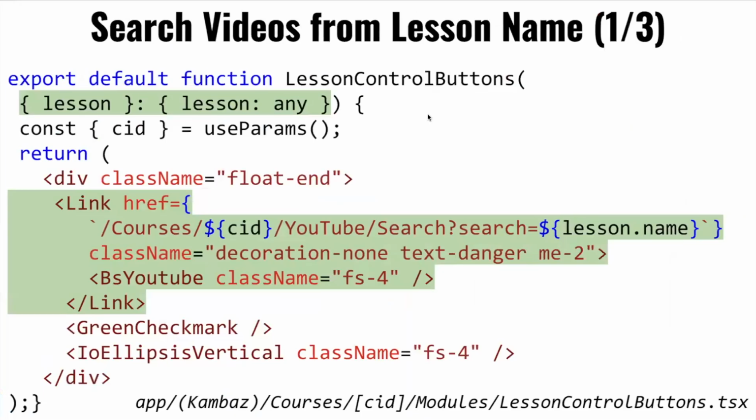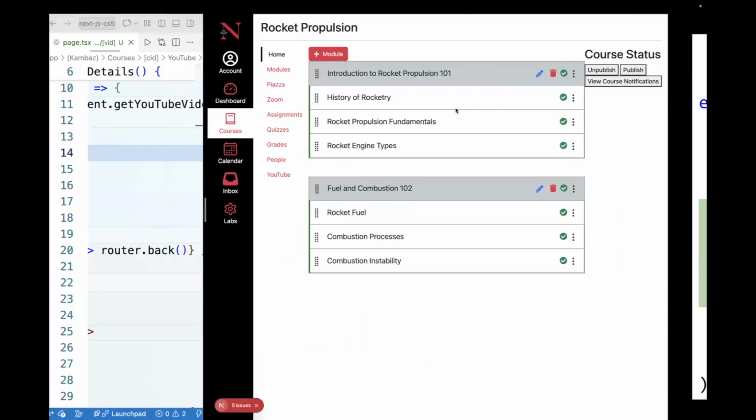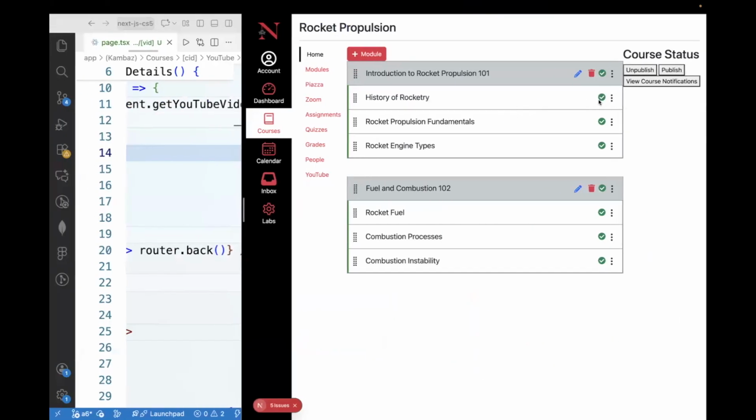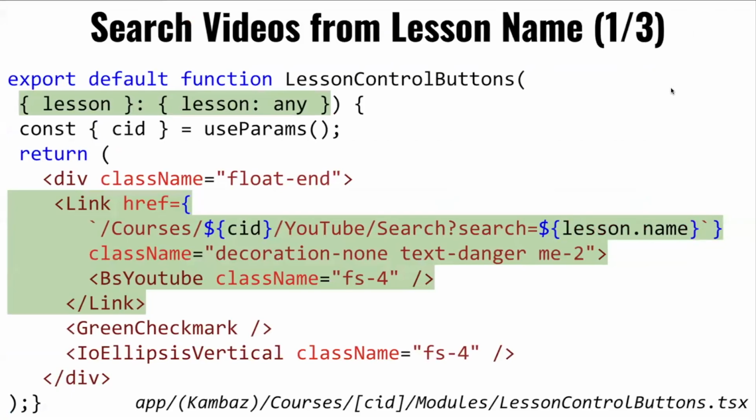In the lesson control buttons, right now, we have these dummy checkboxes and dots that don't really do anything. But what we're going to do is take the lesson and pass it to it, so that it can actually render something. It can use the label, the name of the lesson, to navigate to the search screen.